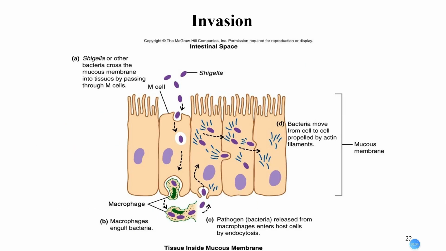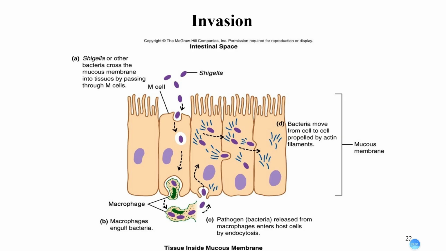Let me show you. So this is the invasion of Shigella. The Shigella from the lumen, first they infect the M cell, okay? Then can be engulfed by macrophages, okay? Then the bacteria could multiply, proliferate in macrophages.